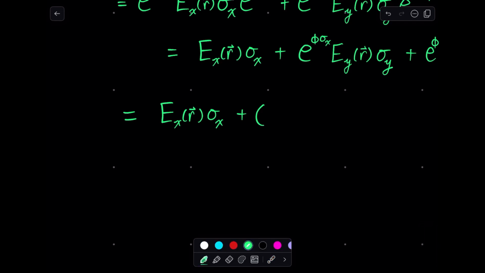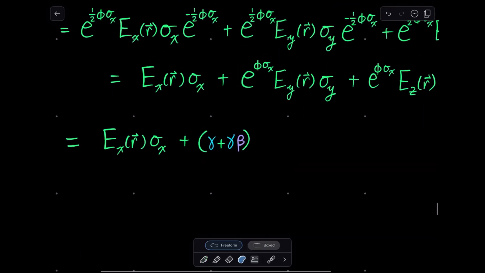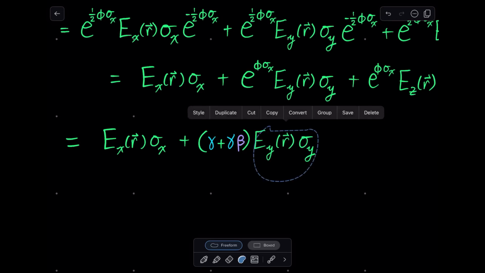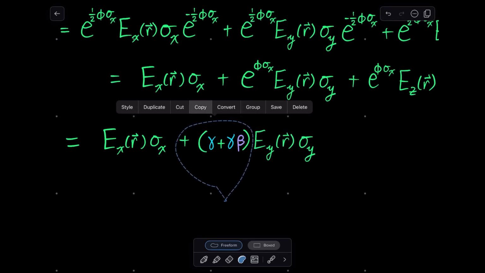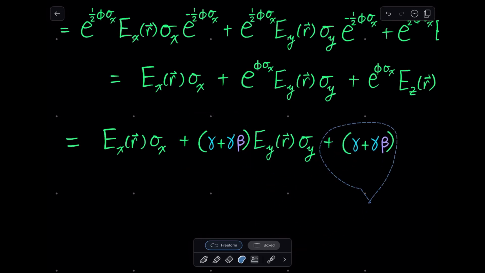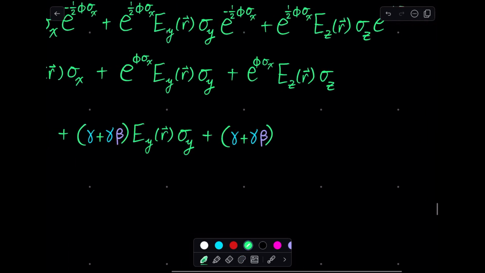So I'm going to go directly to that notation of gamma plus gamma, beta. So we have that times this plus this times that.